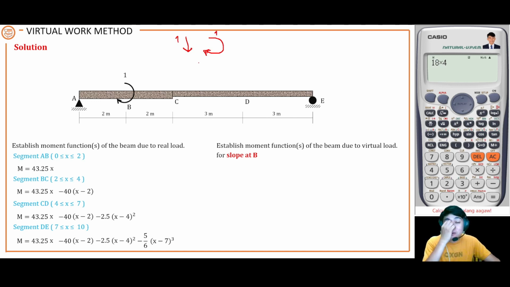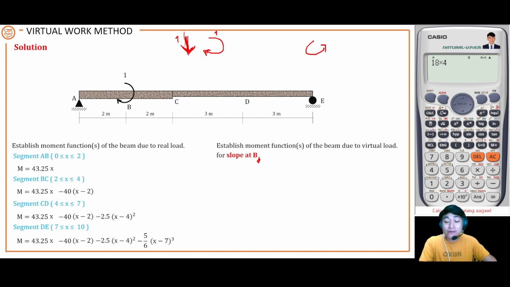Now, why do we put a 1 unit concentrated moment? Because we are going to solve the slope. If we want to solve the deflection, we put 1 unit downward force, 1 unit concentrated. And why is it clockwise, not counterclockwise? Because we are assuming that the slope at this point B is clockwise.